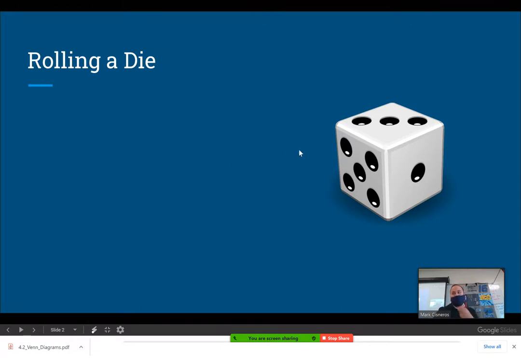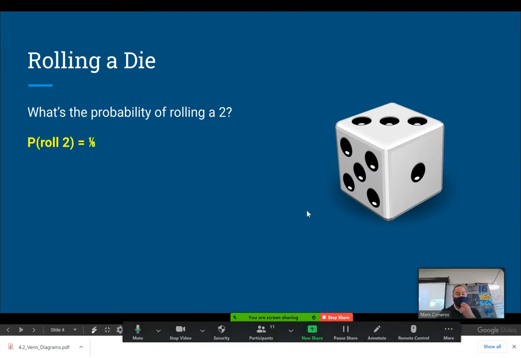Tell me what the fraction would be. Don't write it down. What's the probability of rolling a 2 on a die? You don't need to write anything down. 1 out of 6. Do you guys agree with that? There's 1 two on a die, and there are 6 sides. The probability is 1 out of 6.